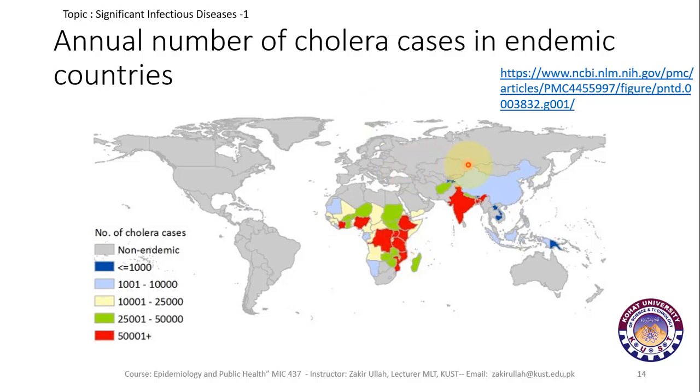The lighter area is the area in which cholera is not endemic, but in the African, Eastern Mediterranean and Asian regions cholera is endemic.